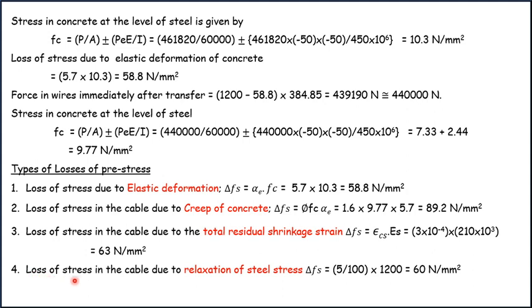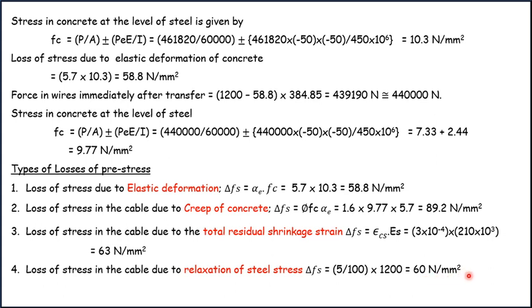Fourth one, loss of stress in the cable due to relaxation of steel stress, delta Fs, which is taken as 5% of the stress in the steel. So 5 divided by 100 multiplied by 1200 equals 60 Newton per mm square.